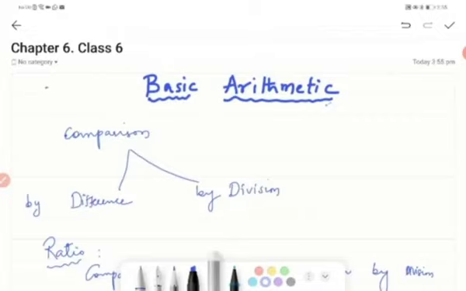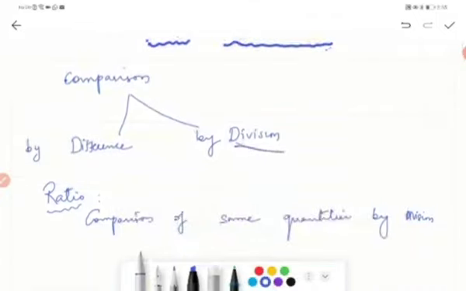Now in this unit you are going to see comparisons you can do by division. This comparison is what you call ratios. Ratios are where you compare the same kind of quantities by division.